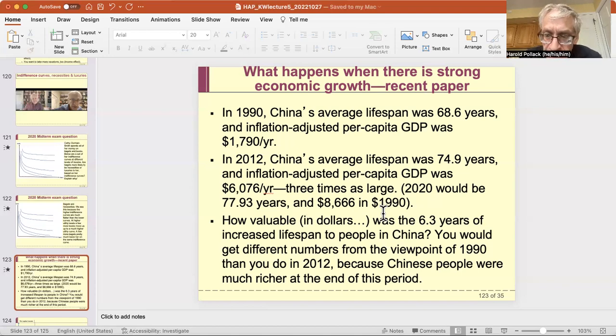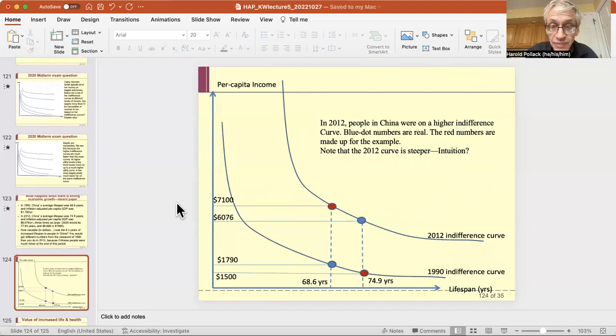What's interesting is that the 1990 person would probably give a different answer than the 2012 person in terms of what they would be willing to trade off in health versus income if we had all their indifference curves, because the 2012 person has an income 5 times as large. Okay? So here are just the indifference curves. I should say that the blue dots are real things. The red is kind of made up.